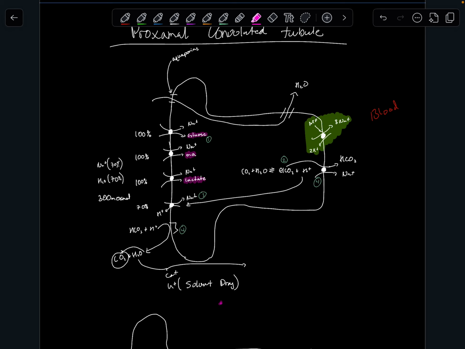So we're allowing for glucose, amino acids, and lactate to pass through, and that's 100% reabsorption there. And that's a co-transport with sodium here.